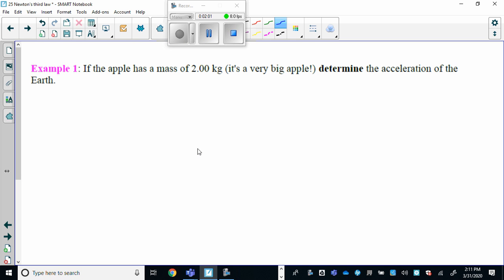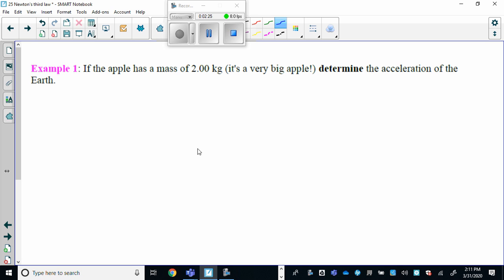It's hard to comprehend that as an apple falls towards the earth, the earth is accelerating up towards the apple. But in fact, theoretically, that's what happens. So let's do this example here. It says if an apple has a mass of 2 kilograms, determine the acceleration of the earth. Okay, so first we're going to calculate the force of the earth on the apple.